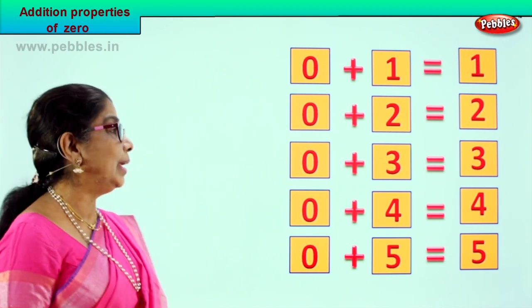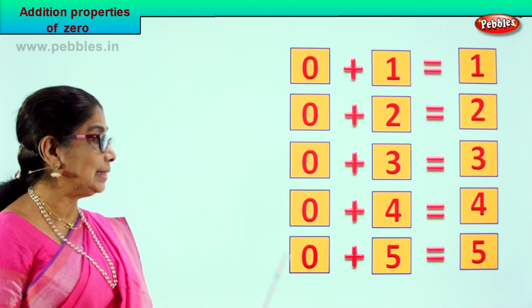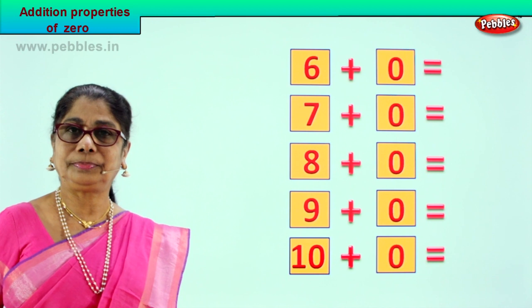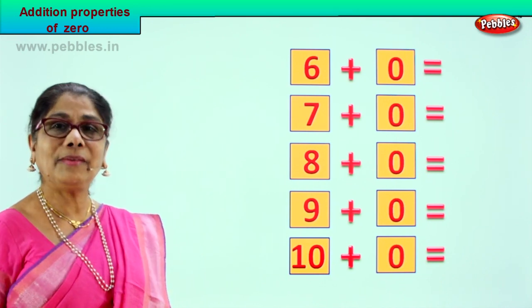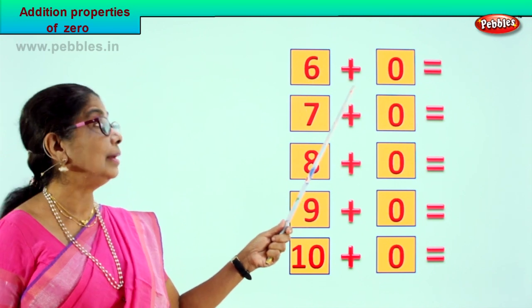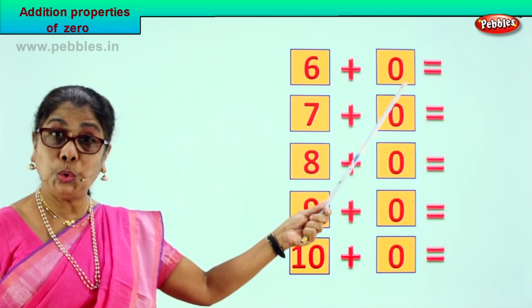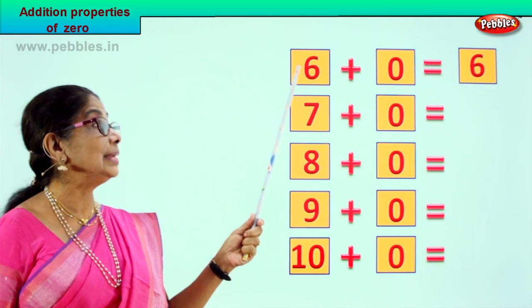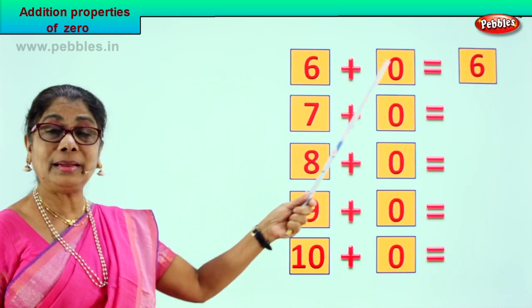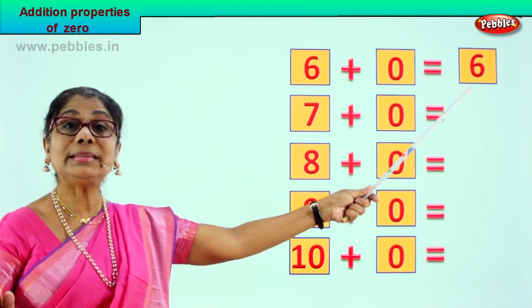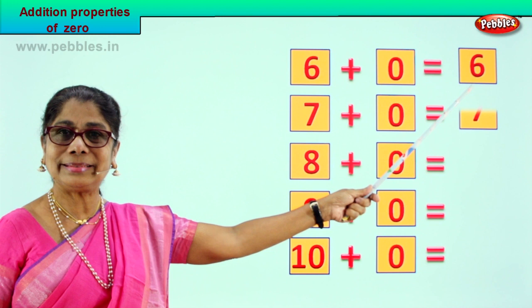Yes? Good. Shall we take another exercise and understand the concept of 0 in that? Good. Here we are. Let's go to the next exercise. Look what we have here. Read with me. 6 plus 0 is equal to 6 itself. 6 plus 0 is equal to the same number 6.